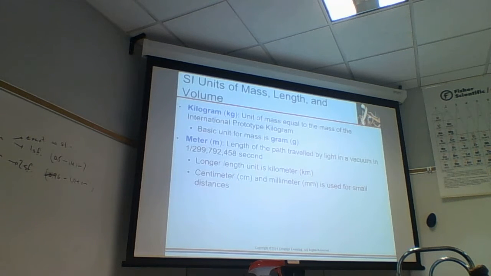Well, a meter is easier to define. A meter is the length of the path traveled by light in a vacuum in 1/299,792,458 of a second.